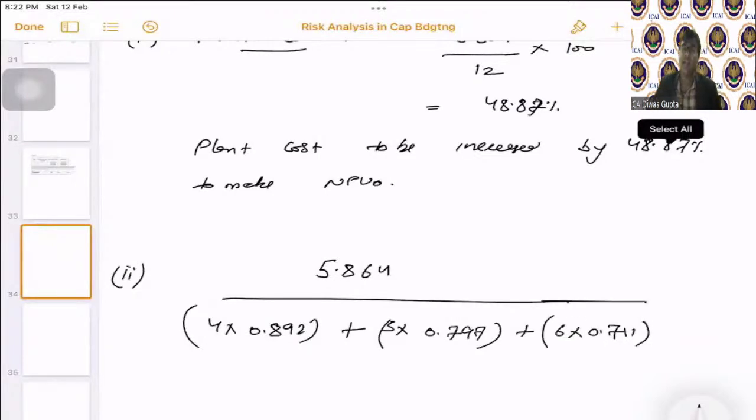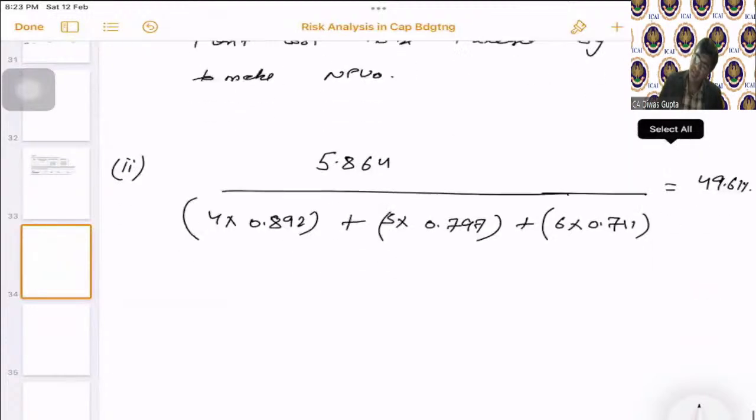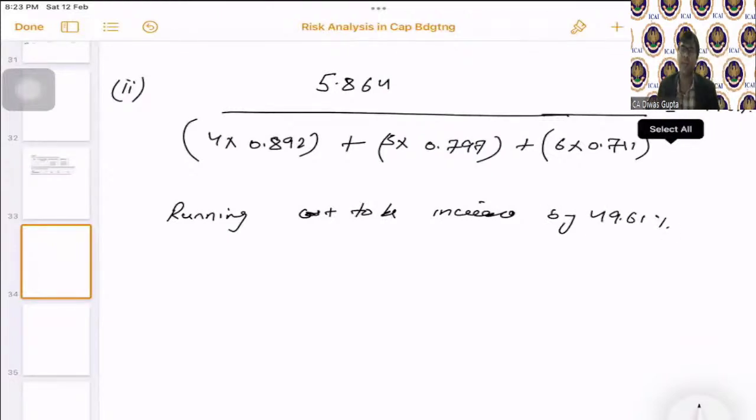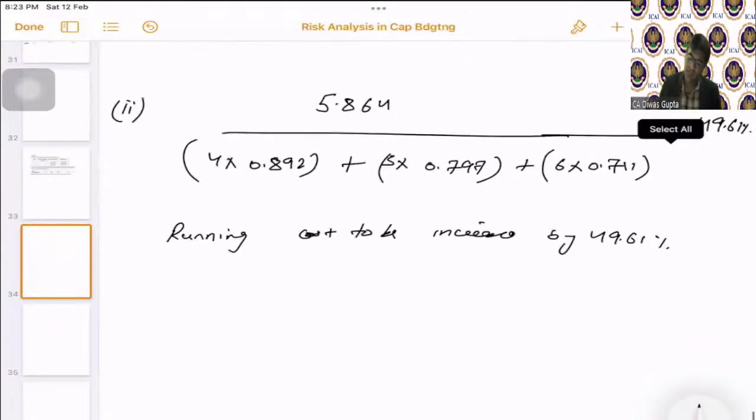So the denominator gives you the present value of the running cost, as on day 0 actually. So 49.61%. That means the running cost is to be increased by 49.61%, simple, so as to make NPV 0.